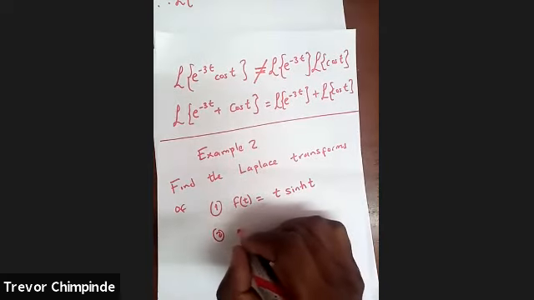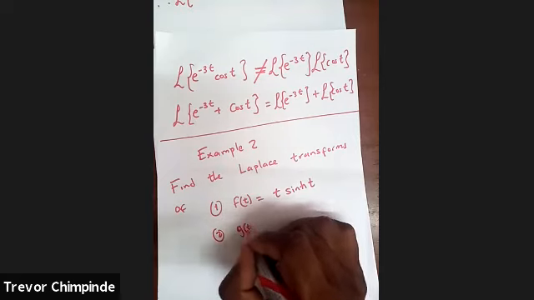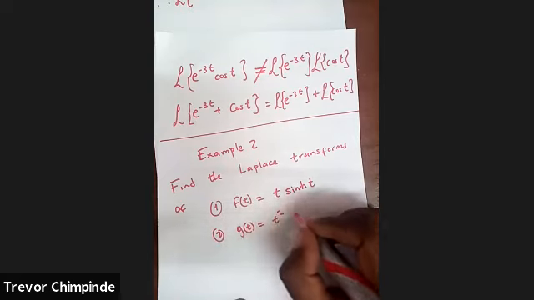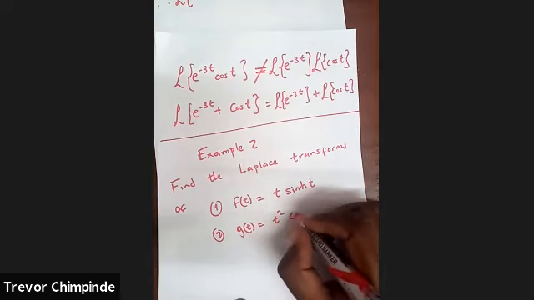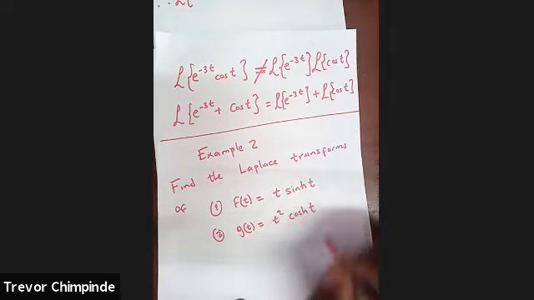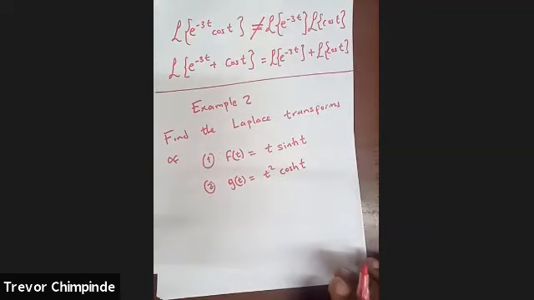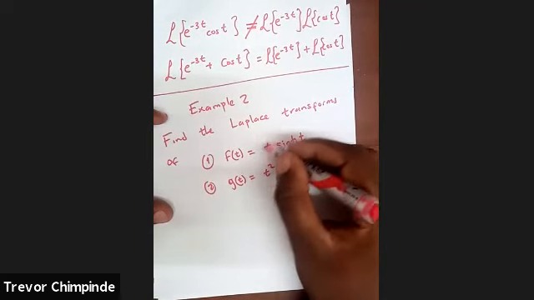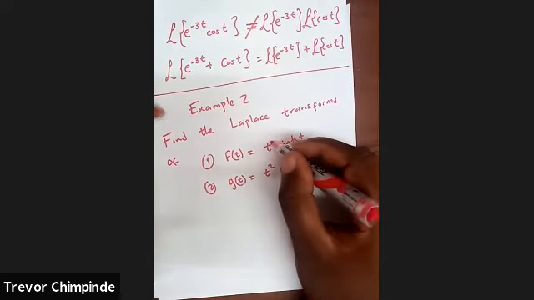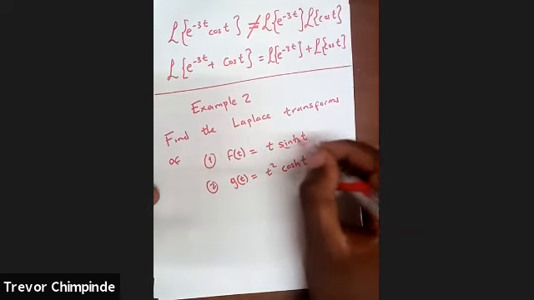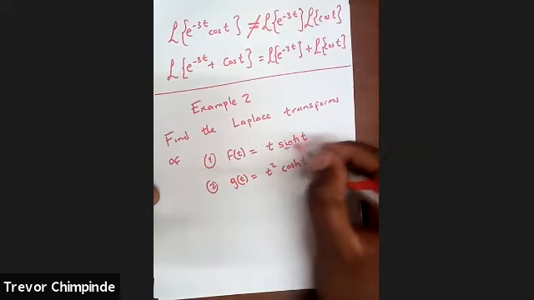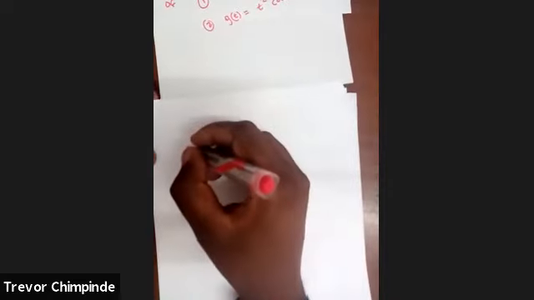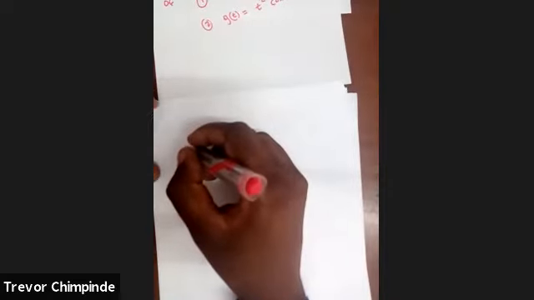And the second one, g of t to be t squared times hyperbolic cosine of t. So this is a product of a polynomial, in this case t to the n, our n is 1, multiplied by a function whose Laplace transform we know, so we can apply the theorem on differentiation of transforms.